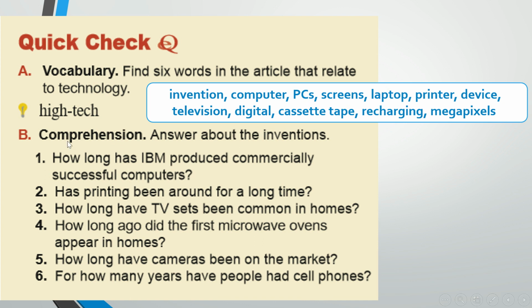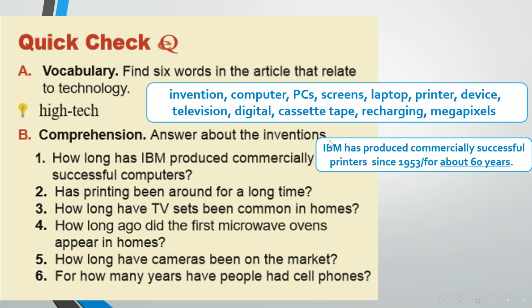B. Comprehension. Answer about the inventions. Number 1. How long has IBM produced commercially successful computers? IBM has produced commercially successful computers since 1953, for about 60 years. Number 2.